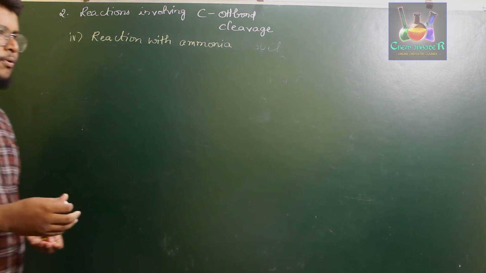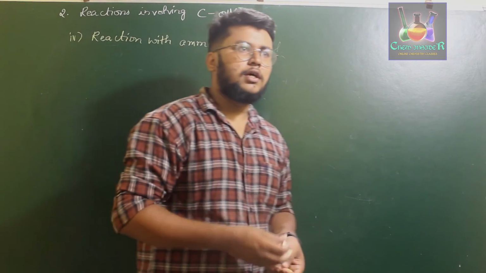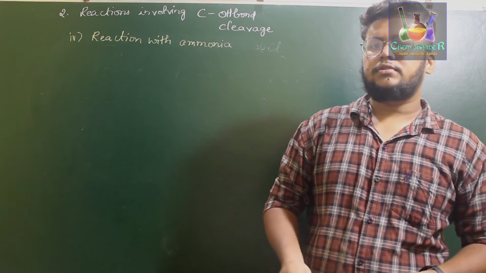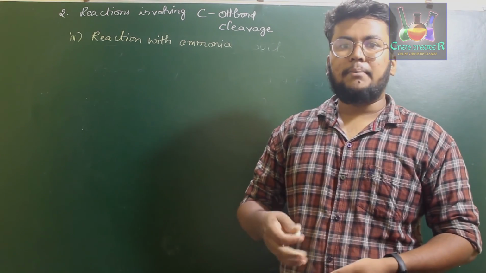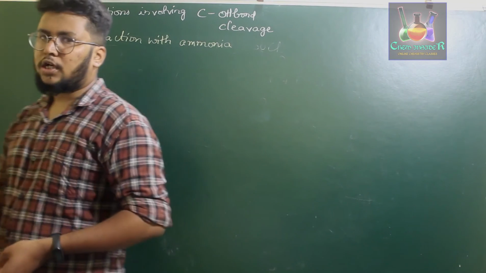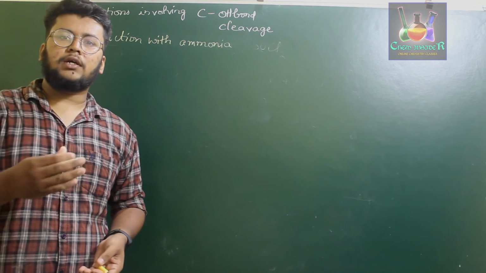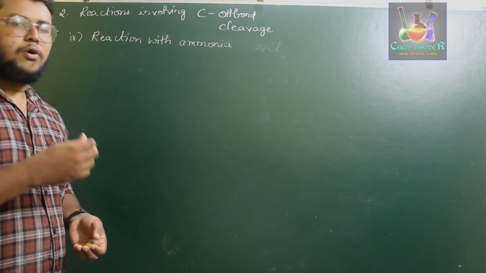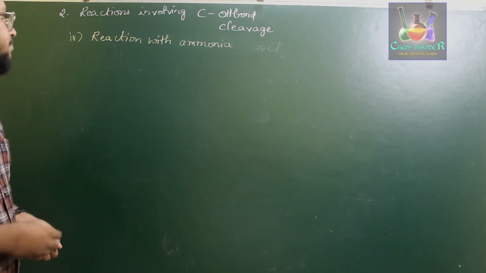If a compound has multiple carboxylic acid groups, then the amides formed may further lose a molecule of ammonia to form imides. We'll discuss both those reactions. If there is just one carboxylic acid present, they will form amides. If there are multiple carboxylic acids present in a given substrate, this leads to the formation of imide compounds.